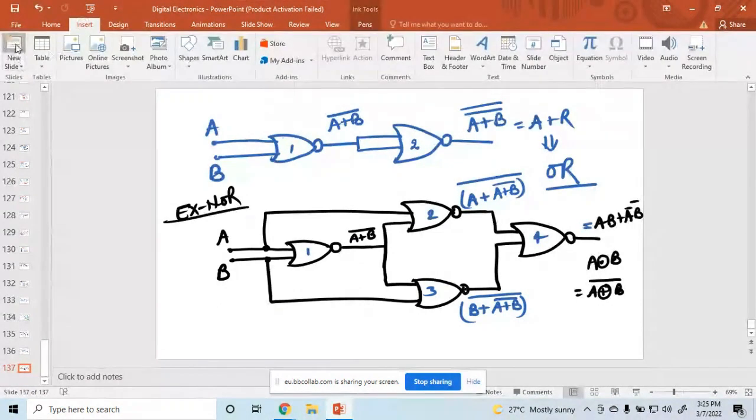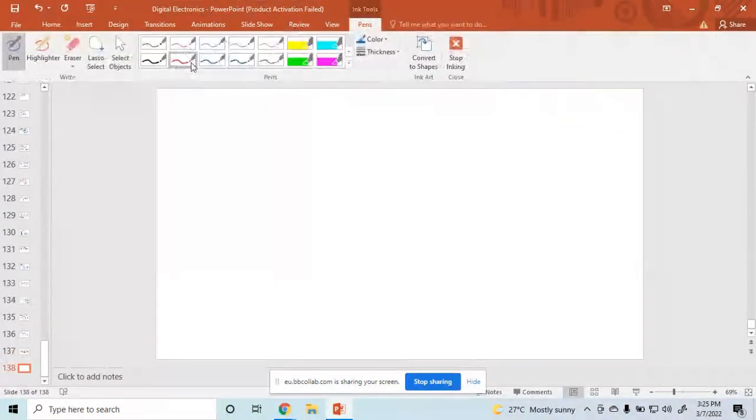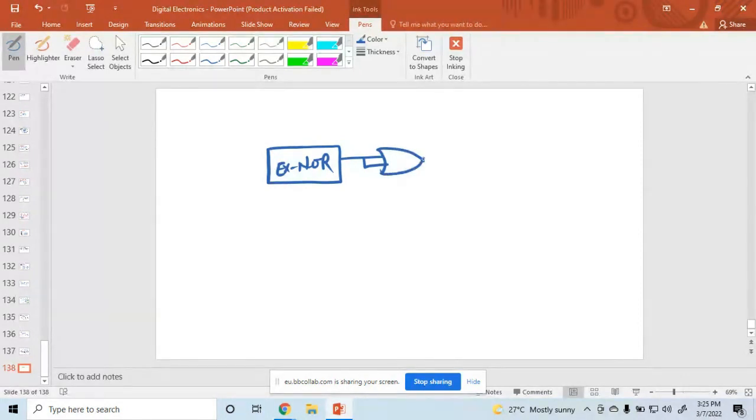And if you want to design the XOR, what is the concept for the XOR? First you design the XNOR, and after that you connect a NOR gate. If the inputs are A and B, what is the output here?